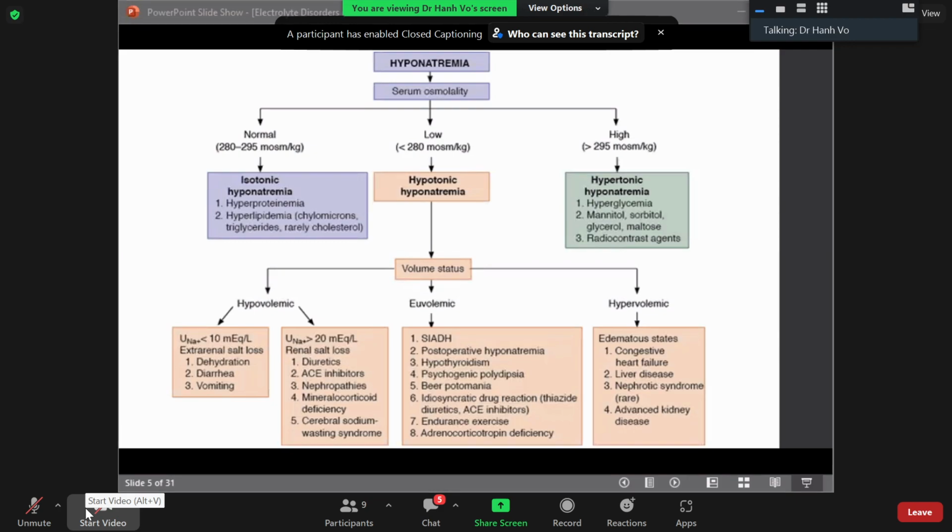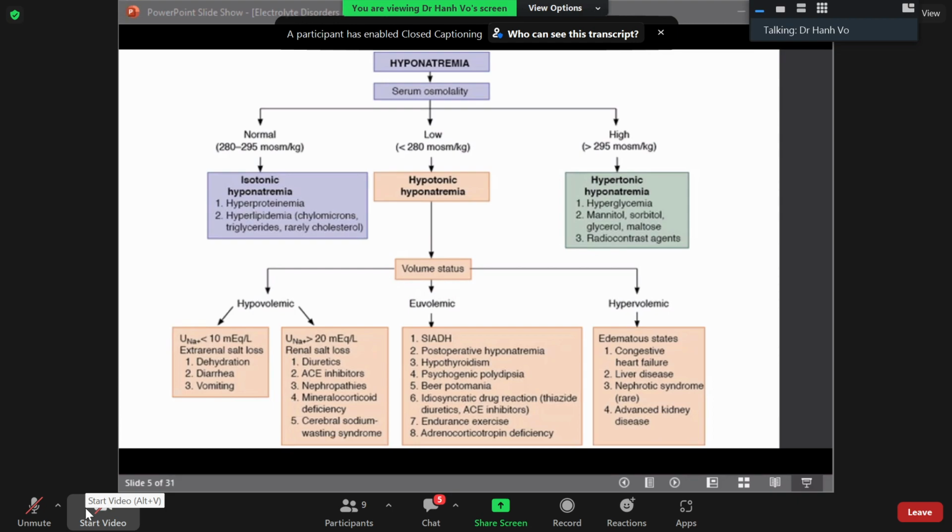Hyponatremia is defined as a serum sodium level lower than 135 milliequivalent per liter, and it is one of the most common derangements in the ED. So now we will talk much about hyponatremia.